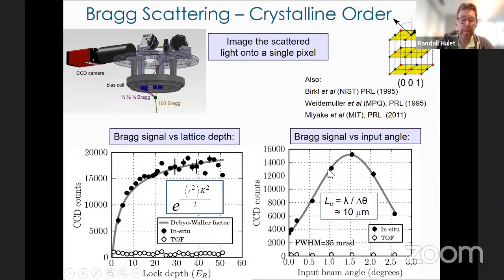This shows the angular dependence. So you can see that we're sensitive at about the degree level, which has to do with the coherence length in the system, or the size of the system, which is on the order of a few tens of microns.